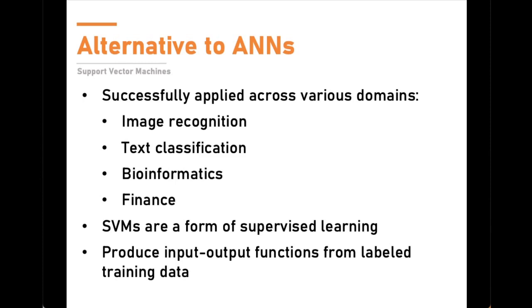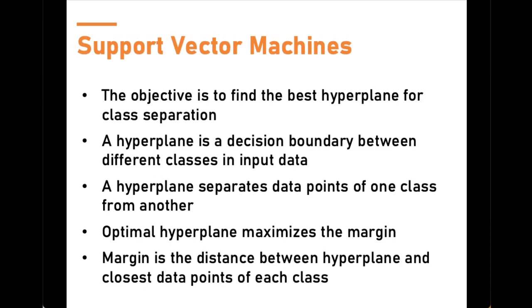SVMs are among the supervised learning methods that produce input-output functions from a set of labeled data. Because of their architectural similarities, support vector machines are also closely associated with artificial neural networks. In support vector machines, the main objective is to find an optimal hyperplane that best separates the different classes in the input data.